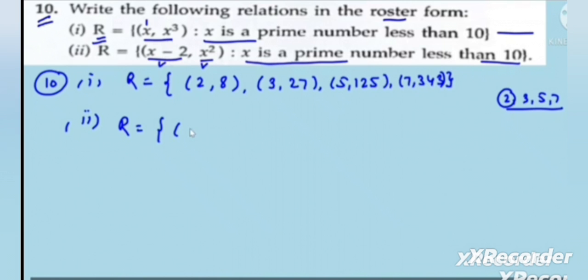As we have seen in the previous part, that 2, 3, 5, 7. So the first element, so that is 0 comma 4. Second element is 3 minus 2, that is 1 comma 3 square, that is 9. Similarly, we need to find out the other elements.